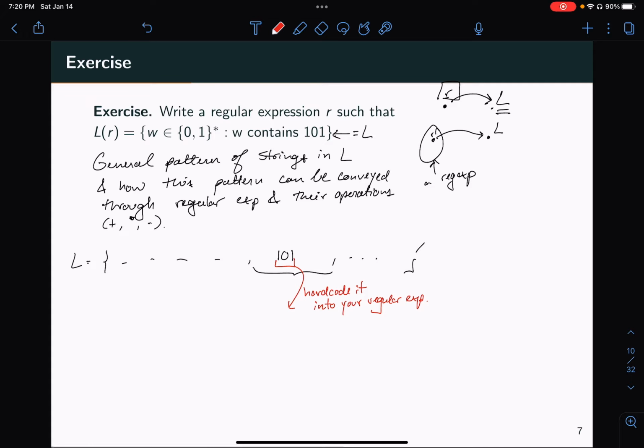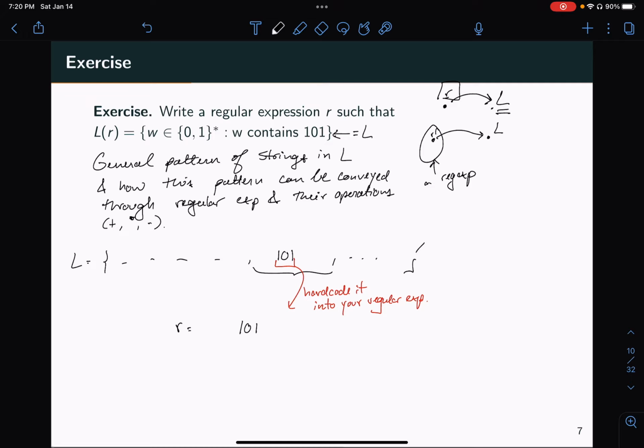No matter what the regular expression is, it has to have the pattern 101 in it, because then it's denoting strings that have the symbols 1, 0, 1. So the regular expression has to contain the pattern 101.